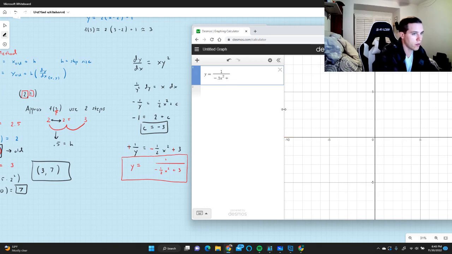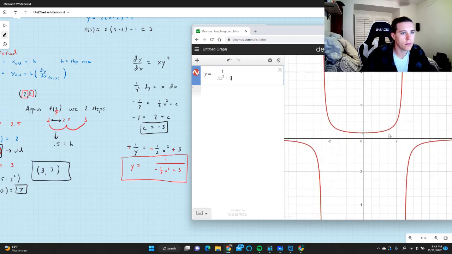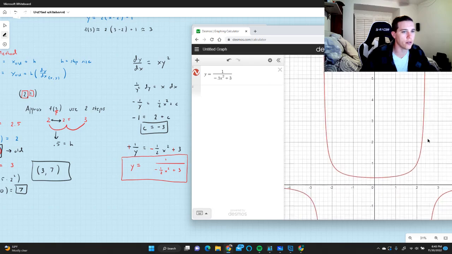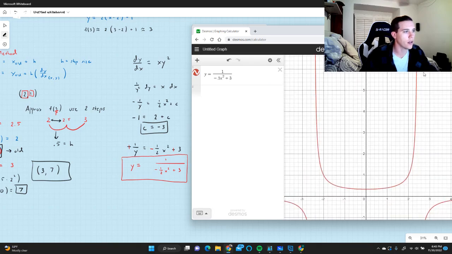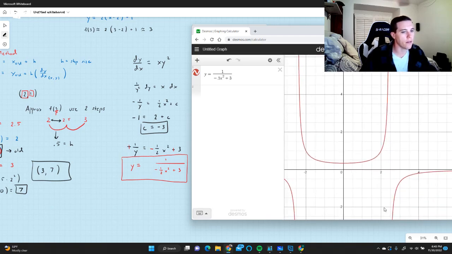Nope, 3. So you notice with this initial condition, this is the graph we're dealing with, this piece right here. That gets steeper and steeper and steeper as we go. If we had negative values, we'd be down here. But for positive values, we have here.